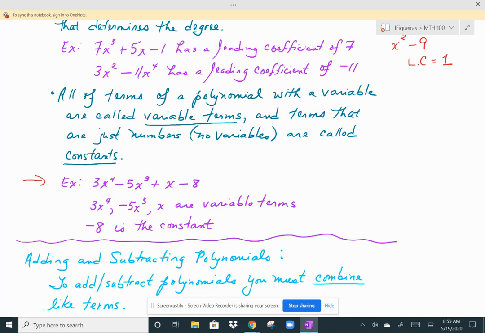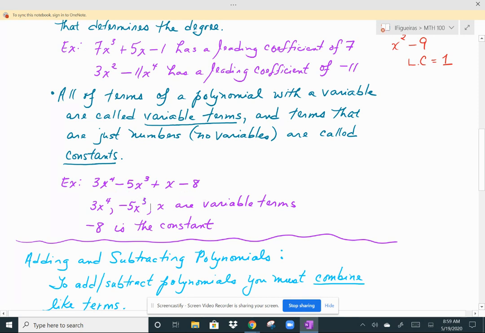Notice that the sign in front of the term belongs with it. So the 5x cubed is negative, the 8 is also negative. You don't need to put a plus in front of positive ones, which is why 3x to the fourth and x are just stated like that without a plus sign.